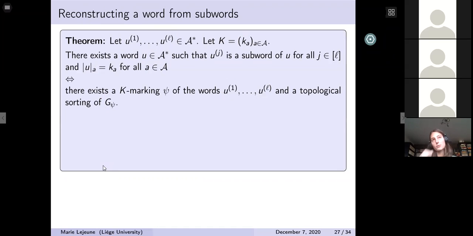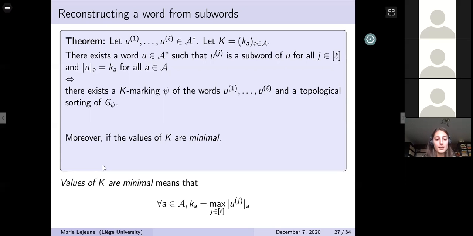And since we want to reconstruct a word from the projections in a unique way, we would like a condition on the uniqueness. And here it comes. I take a particular sequence K, which I call the minimal sequence, meaning that for Ka, I have to take the maximal number of A's appearing in all these words.